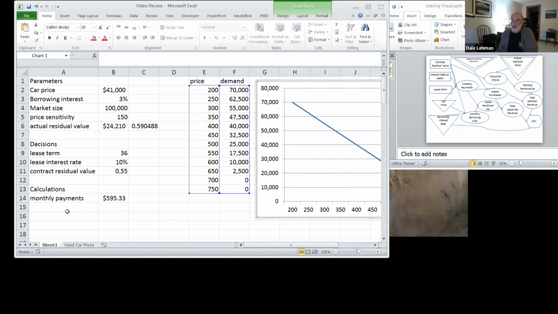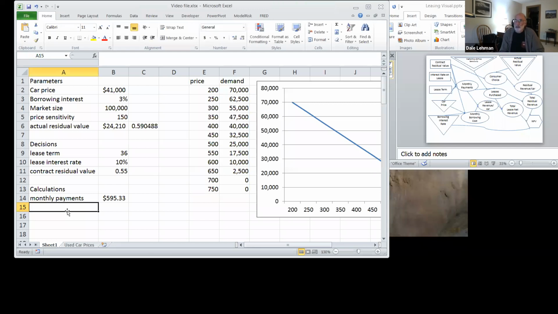So that's an important calculation. What are the monthly payments? Monthly financing cost. So with a leasing company, we've got a finances operation, and that's going to be another PMT function.